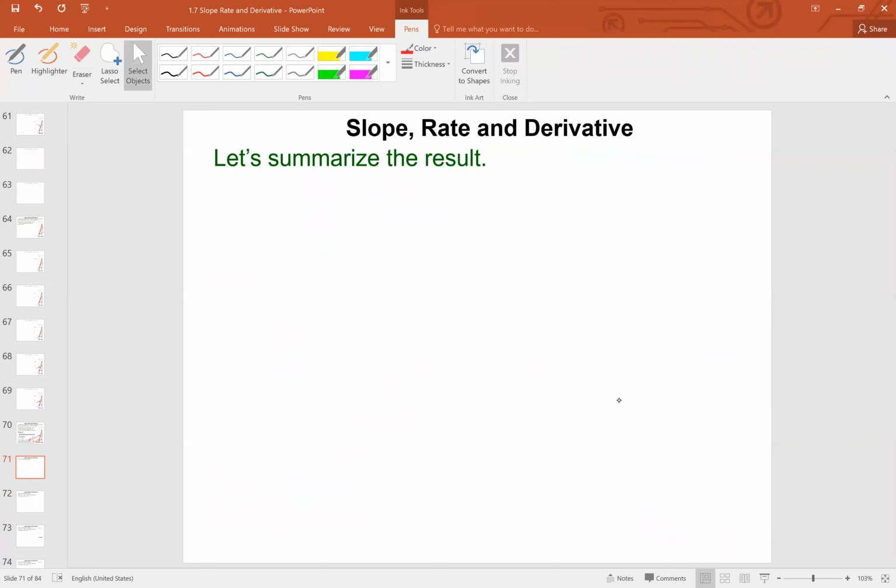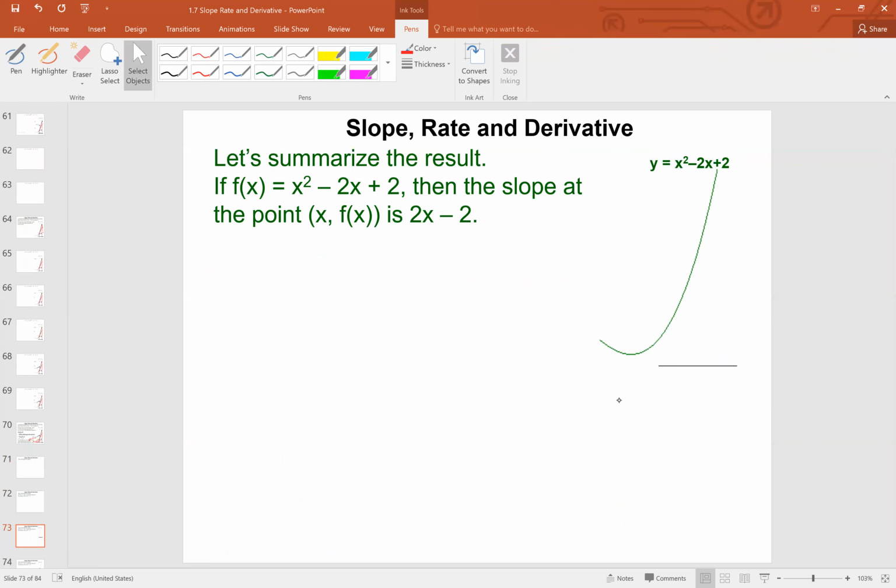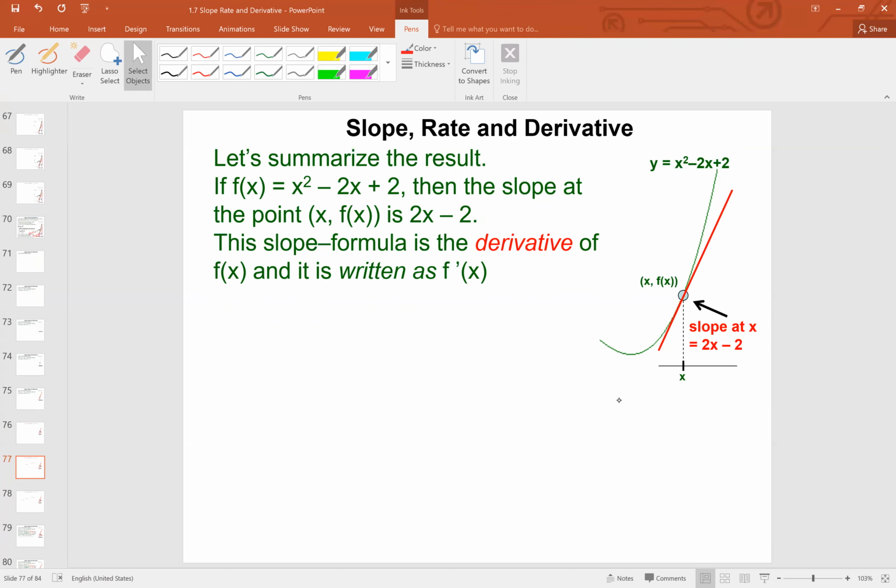And let's see how we use that. So if I have a point on this curve, x squared minus 2x plus 2, and I draw a tangent line, I know what the slope of the tangent line is based on x. It's 2x minus 2. I just call it the derivative.